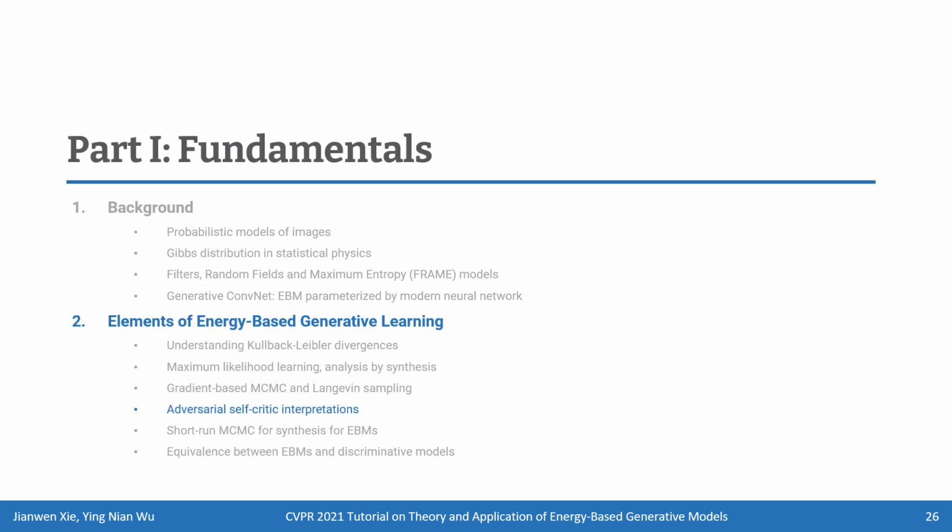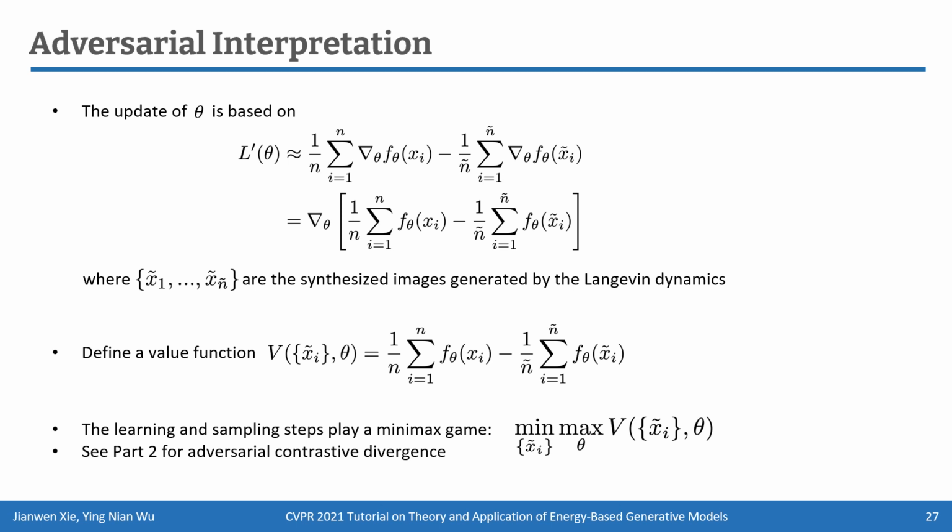We are going to talk about the adversarial self-critic interpretation. Here, I want to show you the adversarial interpretation of energy-based learning. The update of parameters theta is based on the gradient of the log likelihood, which is the difference between the observed statistics and the synthesized statistics.